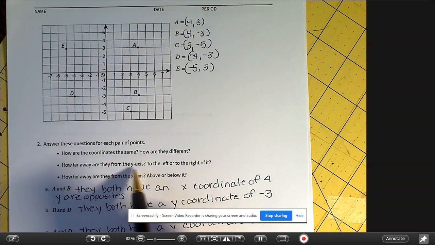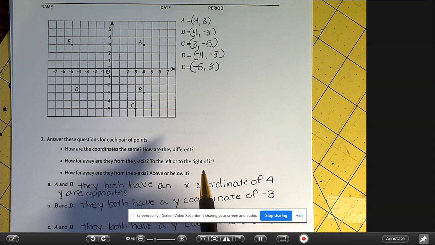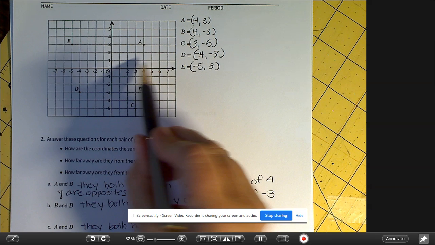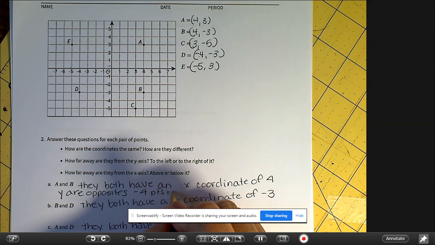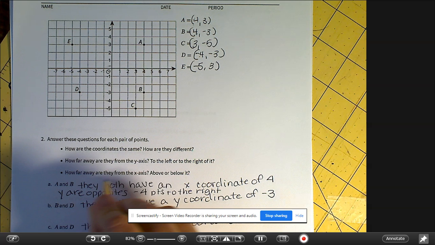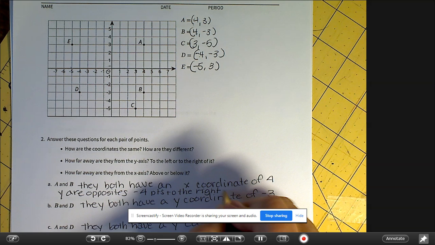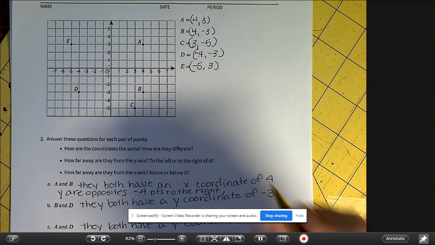How far away are they from the y-axis? Both are 4 units to the right of the y-axis. And how far away are they from the x-axis? You could say they are 3 units from the x-axis.